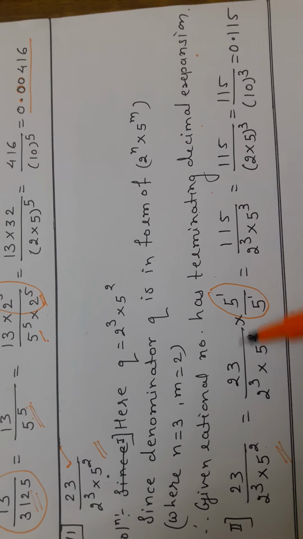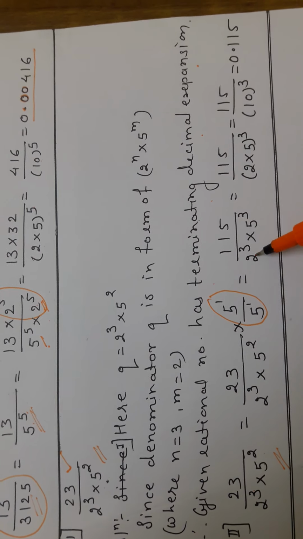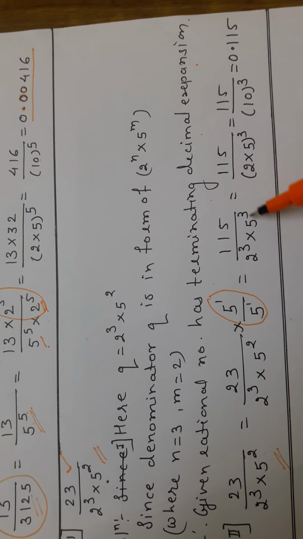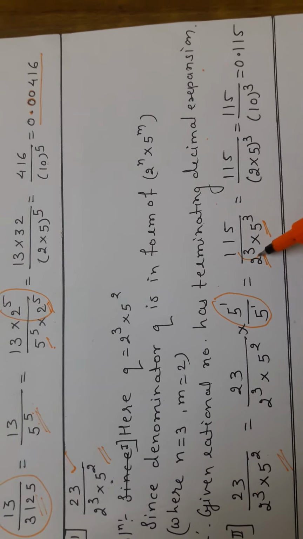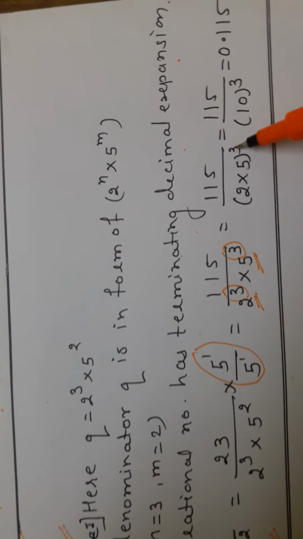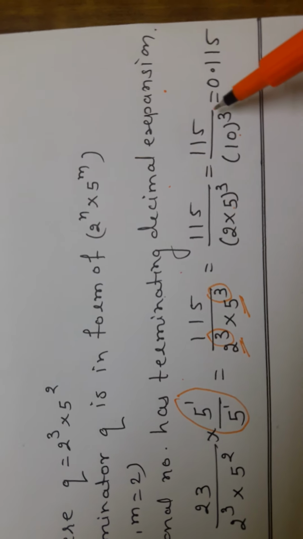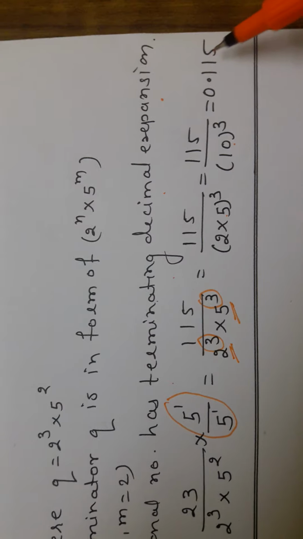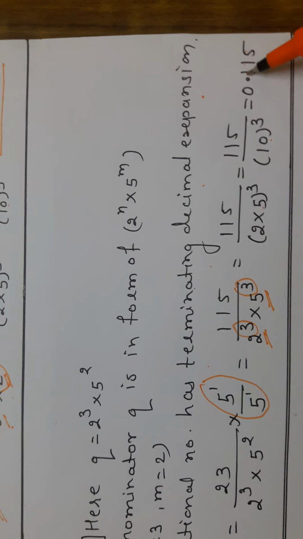So we will get here 23 into 5, which is nothing but 115, over 2 raised to the power 3 into 5 raised to the power 3. Now you find here the base is different but the index is the same. That's why we multiply 2 into 5 raised to the power 3, so 115 is equal to 115 over 10 raised to the power 3, which means we will put the decimal point after 3 places, that is 1, 2, 3.